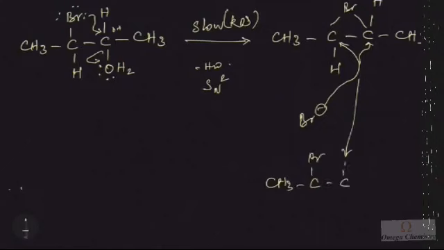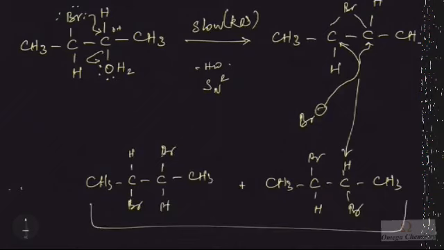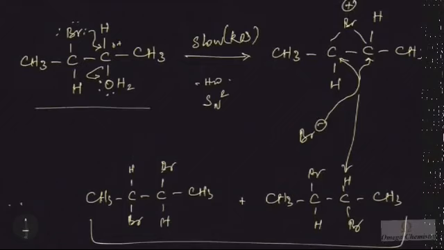So we will get a compound like this: CH3, Br, CH, H, and bromine over here, and either this compound or the other compound like CH3, C, H, Br over here, and bromine over here. So they are racemic mixtures.